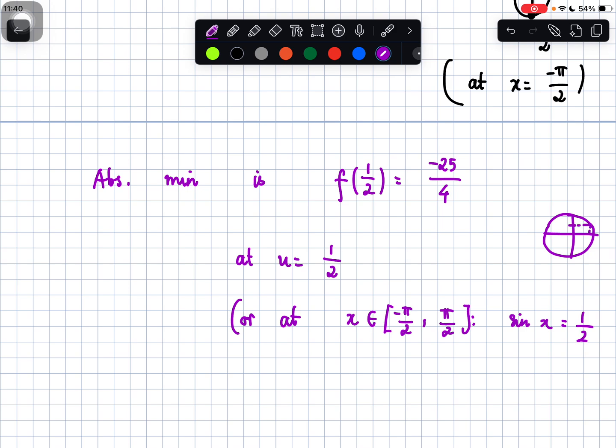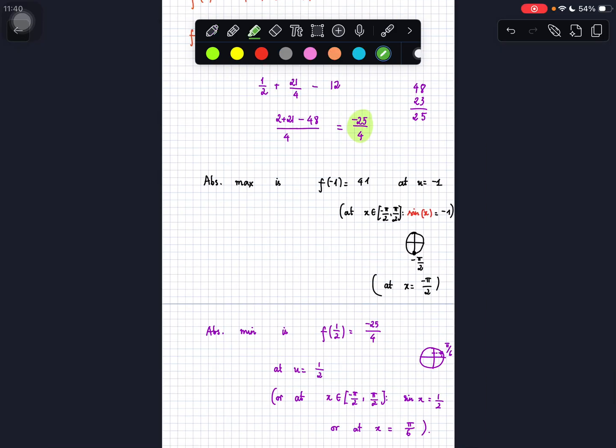So the angle x should be pi over 6. For this question, we only need to conclude that the absolute max is 41 and the absolute min is minus 25 divided by 4.